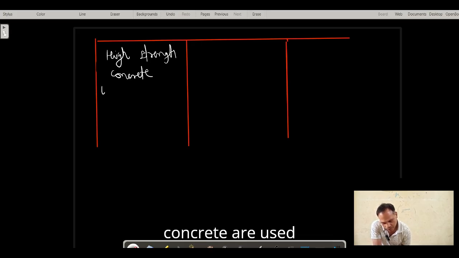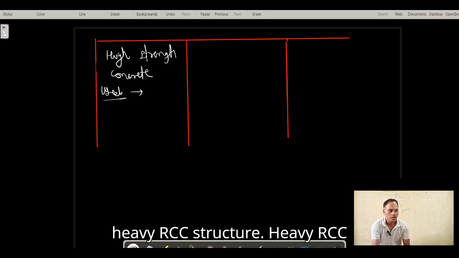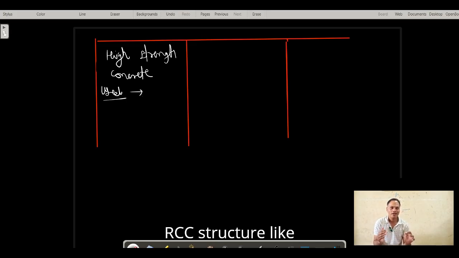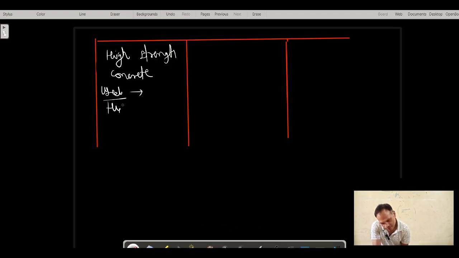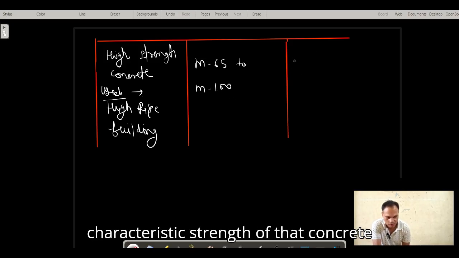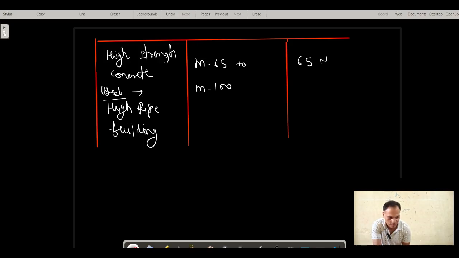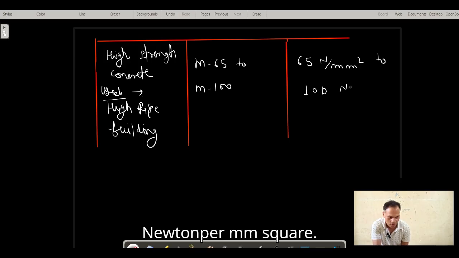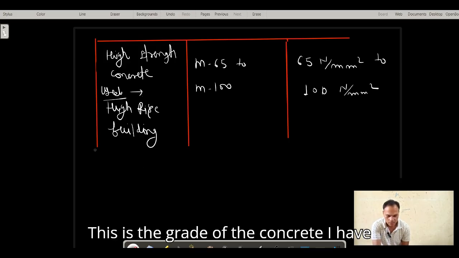This high strength concrete is used in heavy RCC structures, like high rise buildings. Its grade is M65 to M100, and the characteristic strength of that concrete is 65 Newton per mm square to 100 Newton per mm square.